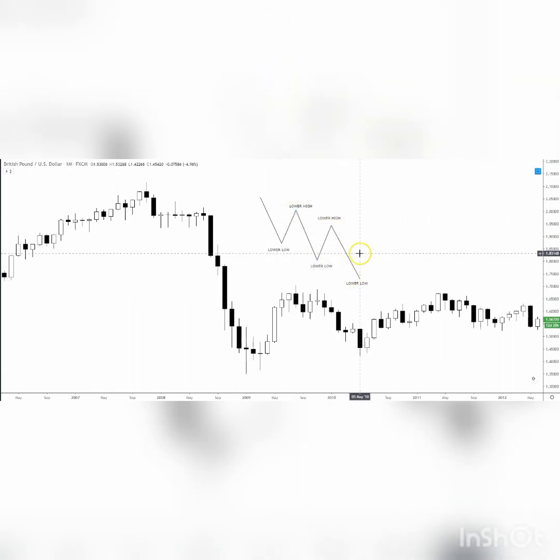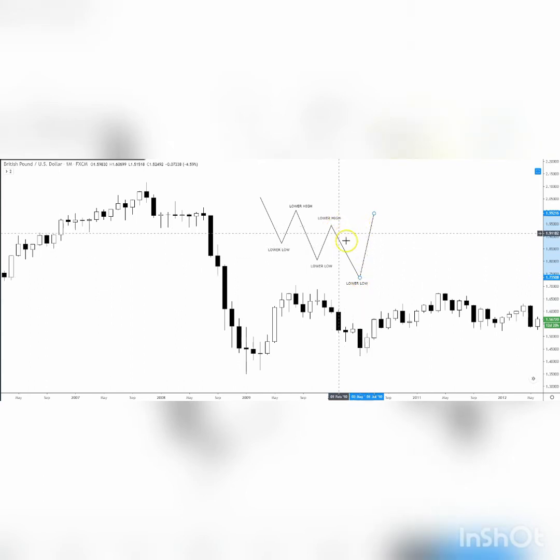So in order to invalidate this downtrend, for us to understand that this downtrend is not valid anymore, let me just show you quickly. Something like this has to happen where price, once it has hit that lower low, the low point, you will see another shift in momentum and price will push up.